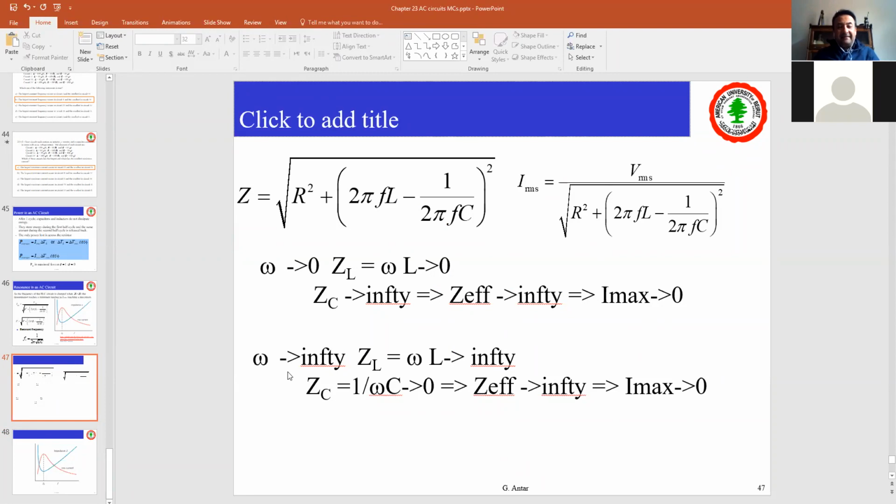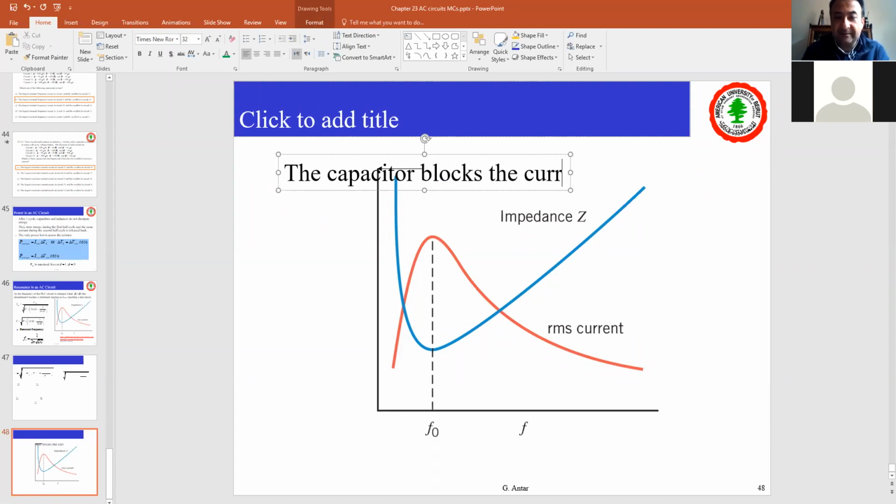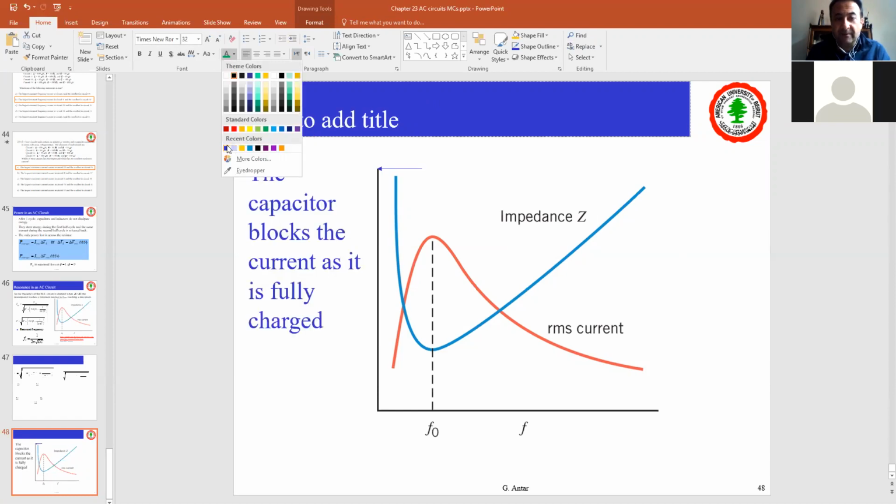So I go back here. On this side, the capacitor blocks the current as it is fully charged. Let's say this is in blue.